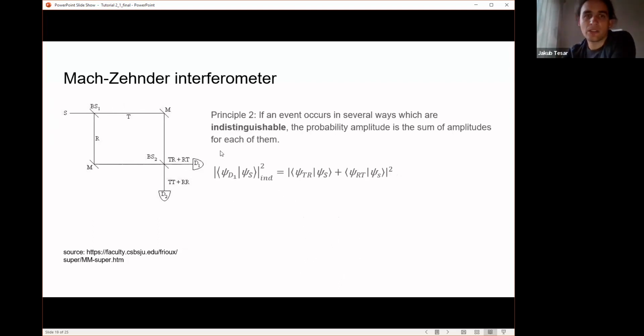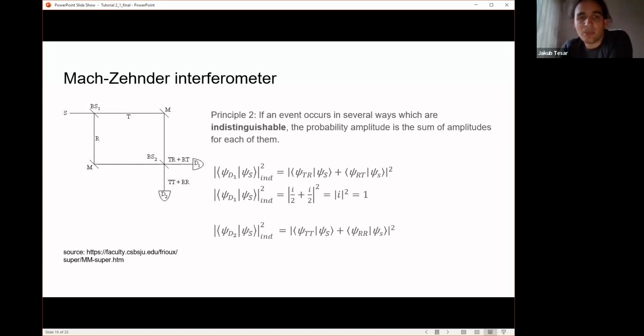According to this second principle, I will first sum the amplitudes and then take the norm square of them, which is simple algebra. So we have i/2 plus i/2, which is i. We add the individual amplitudes of the two possible paths, and the probability is 1.